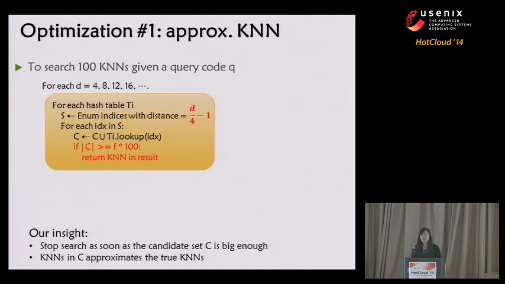And as soon as there are approximate factor times K KNN candidates in the candidate set, we stop the search and return the top K results. By using this optimization, we greatly reduce the number of lookups in the DHT, which can be confirmed by our evaluation result.